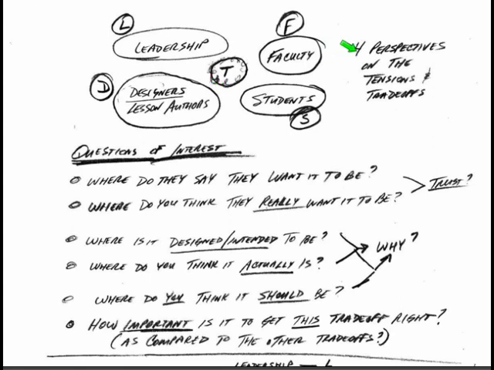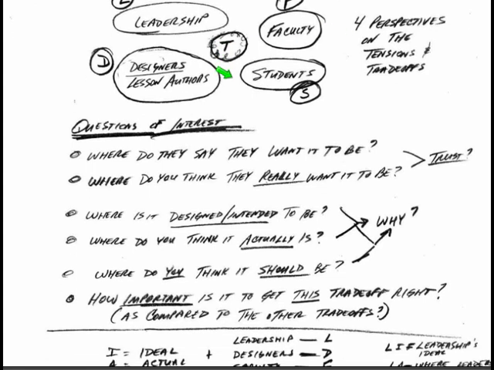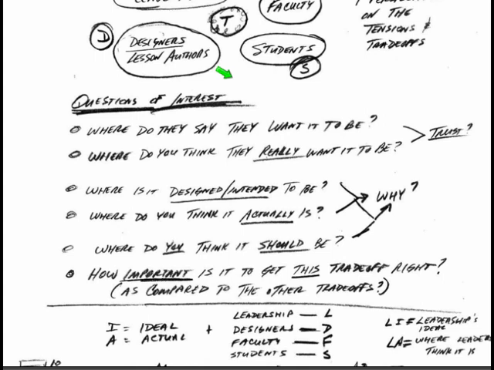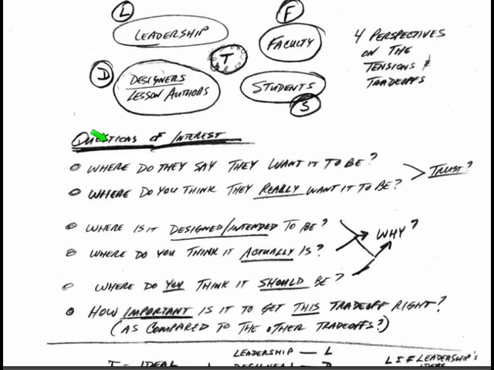And then each one of those could have a very different perspective based on these different tensions and trade-offs about the curriculum that they experience. So there are at least 4 different perspectives that could inform our understanding of these trade-offs in the middle.